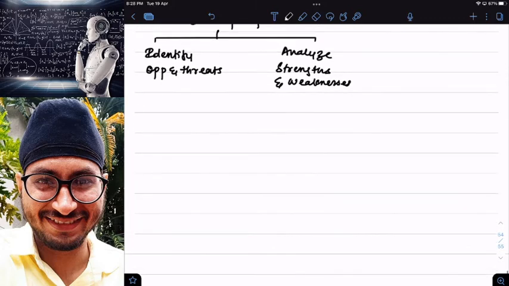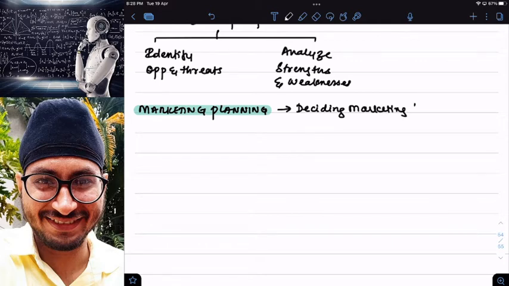Then we have marketing planning. Sir, what is marketing planning? Deciding on marketing strategies. Deciding the marketing strategies is called marketing planning.